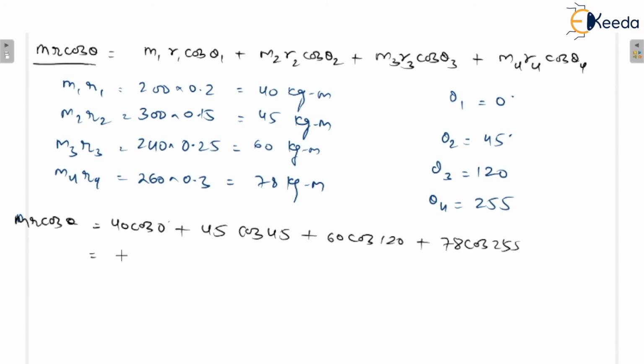So when you solve these equations, you will get the value of summation MR cos theta, that would come out to be 21.6 kilogram into meter. Solve this using calculator.